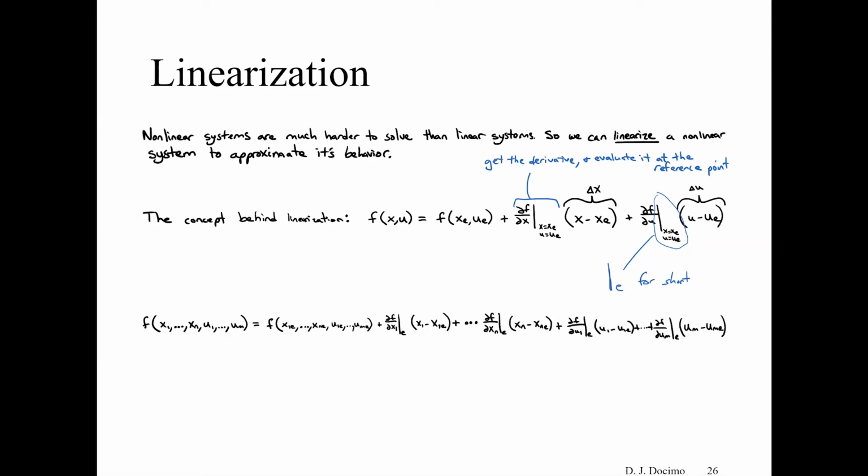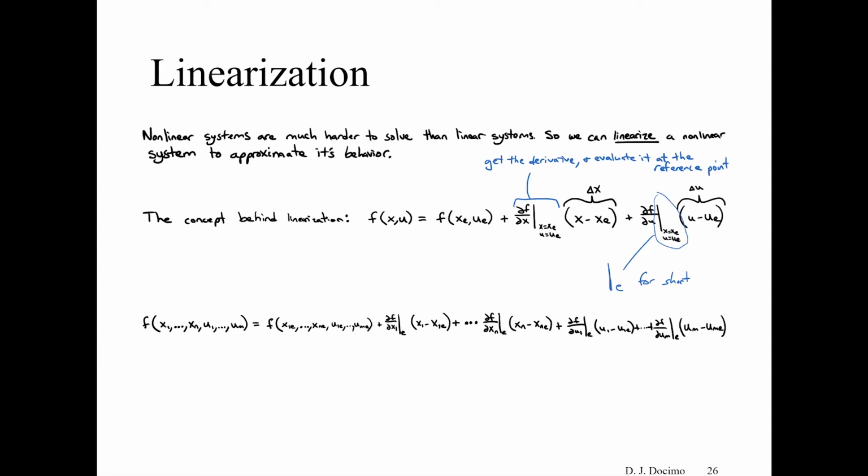If we write this out for a multi-state system where f is dependent on x1 to xn, a bunch of different states, and a bunch of different inputs, u1 to um, we can approximate f as f evaluated at equilibrium for all those states and inputs, plus the derivative of f with respect to each state evaluated at equilibrium, multiplied by the perturbation of the state, x1 minus x1e, up to xn minus xne, and do the same thing for all your inputs as well.